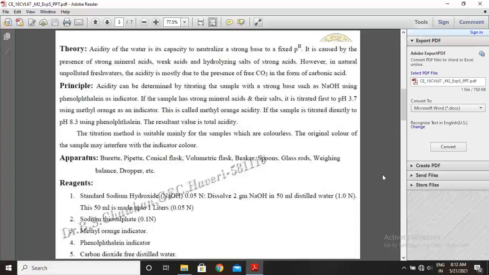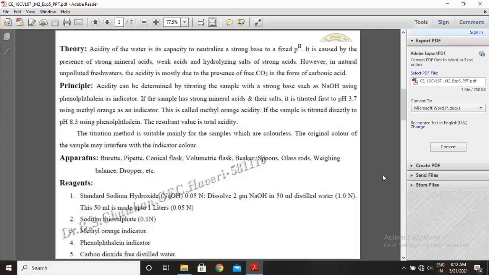It is caused by the presence of strong mineral acids, weak acids, and hydrolyzing salts of strong acids. However, in natural unpolluted fresh waters, the acidity is mostly due to the presence of free carbon dioxide in the form of carbonic acid. So this is the background about acidity of the waters.